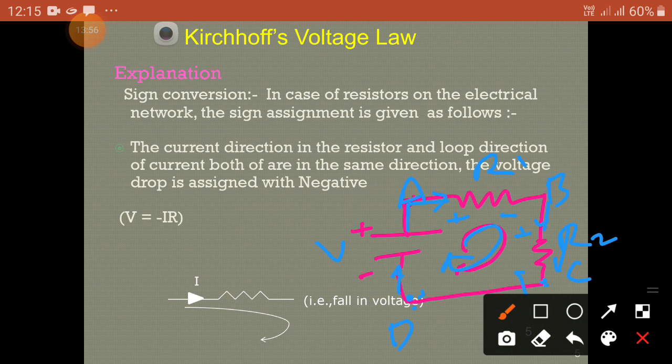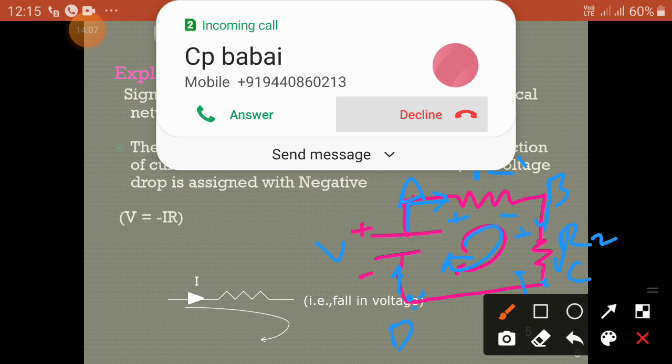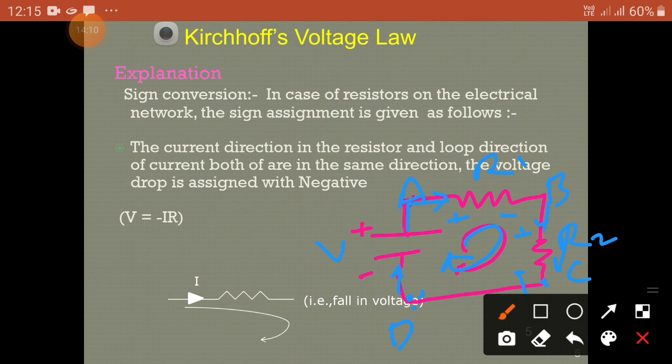Now we assumed a circuit ABCD or ADCB, whichever direction you are going to assume. In this case I assumed A, B, C, D, that means in this direction. Suppose I take A, D, C, B, this direction.